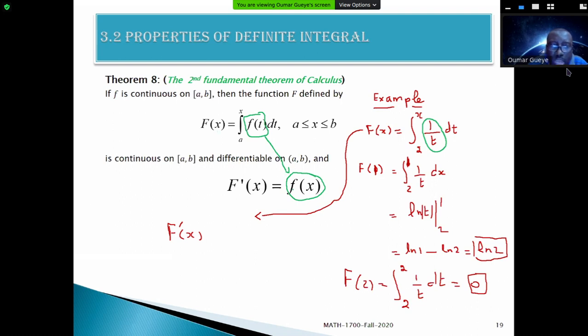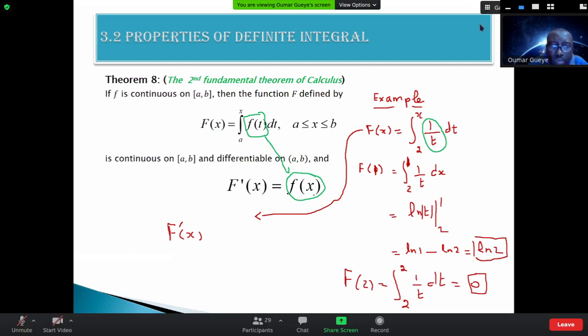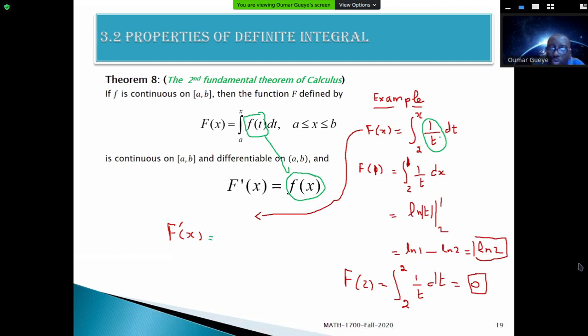That's why you have to express your derivative in terms of x. Basically, it means for our example, f of t is 1 over t, and 1 over t becomes just 1 over x. You replace your t by x, and you get your derivative.